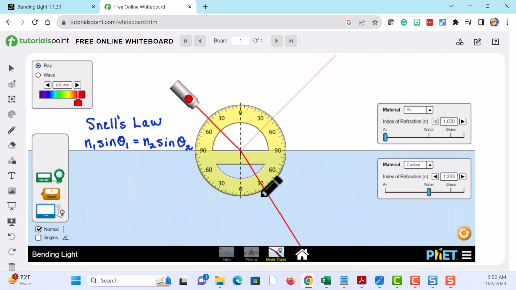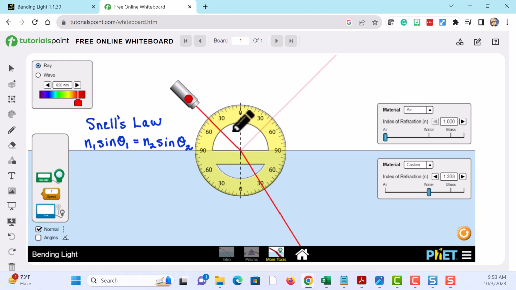Snell's law says that n1 times sine of theta 1 is equal to n2 times sine of theta 2, where n1 and n2 are the indices of refraction. Theta 1 is the angle of incidence, and theta 2 is the angle of refraction. Let's start labeling our diagram.